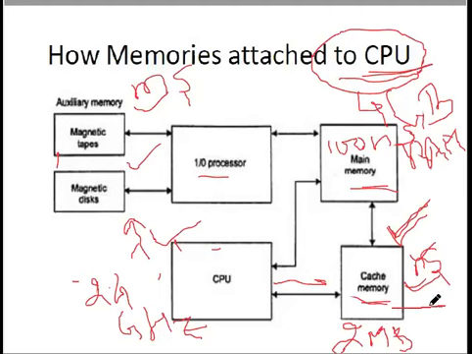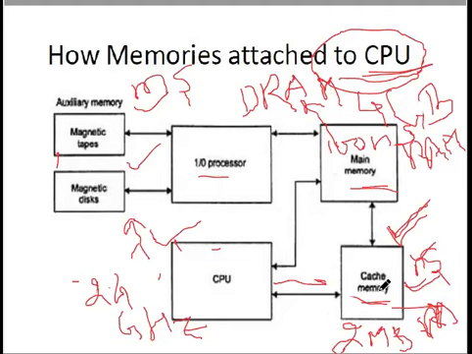This is known as SRAM. We will see what is SRAM and what is DRAM, but this cache memory is known as SRAM, whereas this main memory is regarded as DRAM. So SRAM and DRAM are the classification.